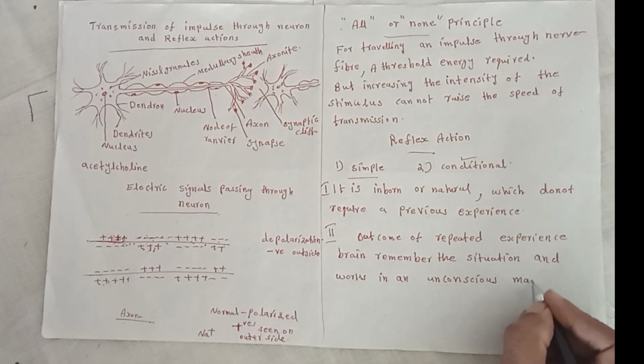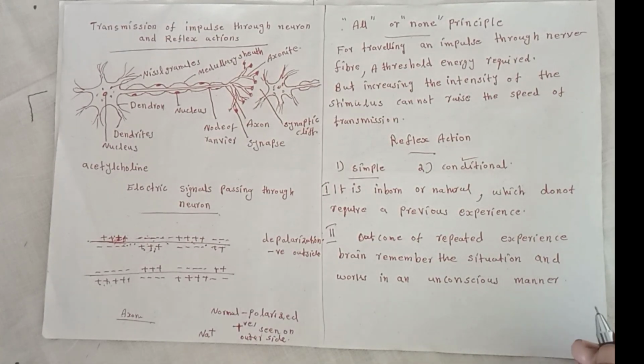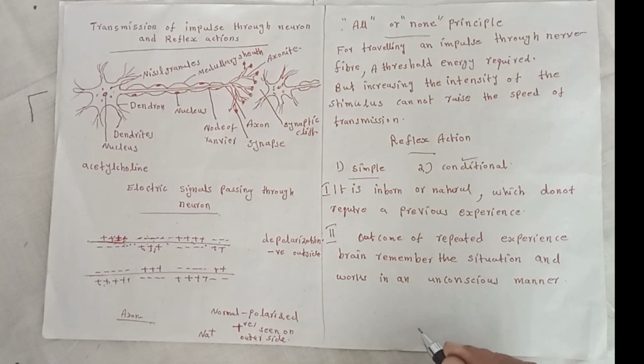Such reflexes are called conditional reflexes. Example, applying the brake of a vehicle on noticing someone suddenly coming in front of it. Second, tying shoelaces while talking to someone.